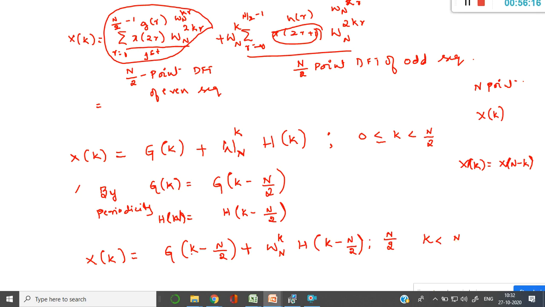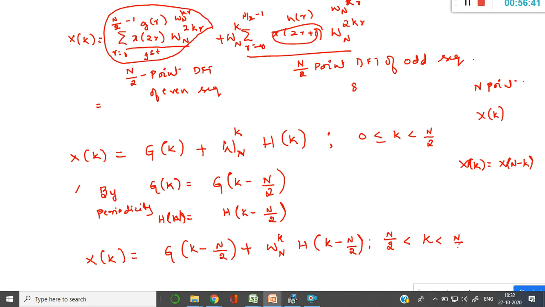So n by 2, if you put, once again it is going to get the g of 0, the same value repeats after n by 2. So if it is an 8 point DFT, after g of 3, g of 4 will be equal to g of 0 itself. That's the meaning here.